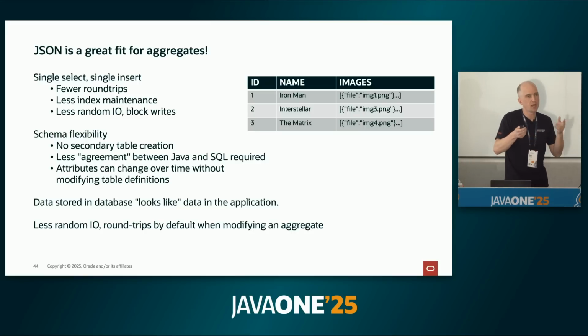You don't have to have this agreement between the table definition and your Java classes anymore. The JSON can just take whatever field names you have in your Java objects. You get that schema flexibility. So if I want to add a field to my movie class, I don't need to go modify that movie table and so on. So you get an easier experience and actually a more performant experience, sometimes significantly so.